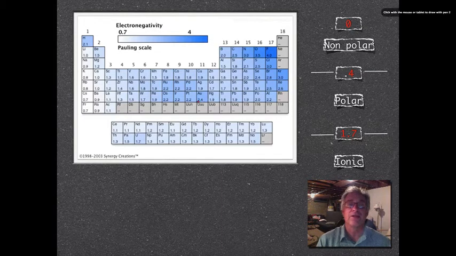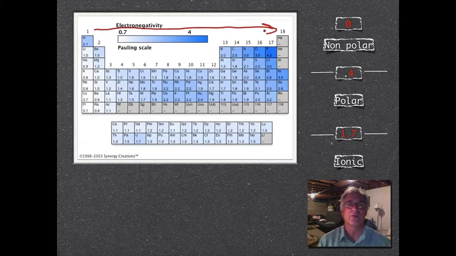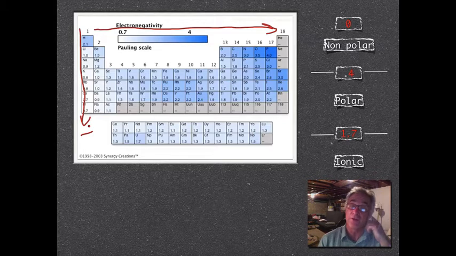To give you an idea, and again, you've done this before, as we travel from the alkali metals over here to the halogens, the electronegativity increases from 0.7 to just around 4. And if you go down the families from top to bottom, we actually get a decrease in electronegativity.